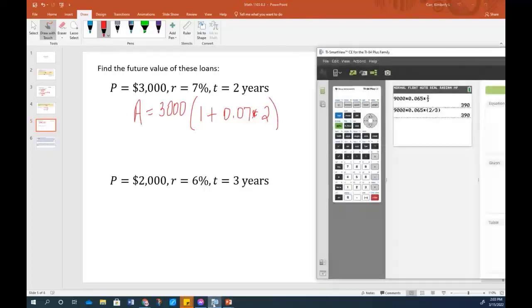Now we'll pull up our calculator: 3,000 times 1 plus 0.07 times 2. Got my formula in there, and I get $3,420.